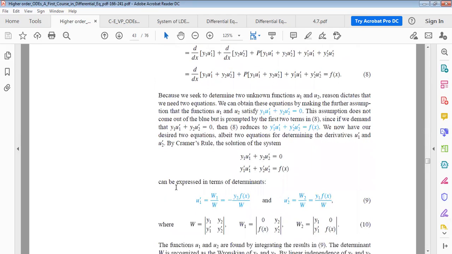Now this can be expressed in determinant form, solving for u1 dash and u2 dash.